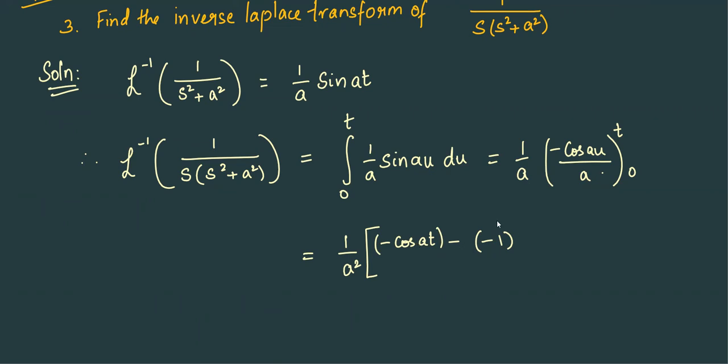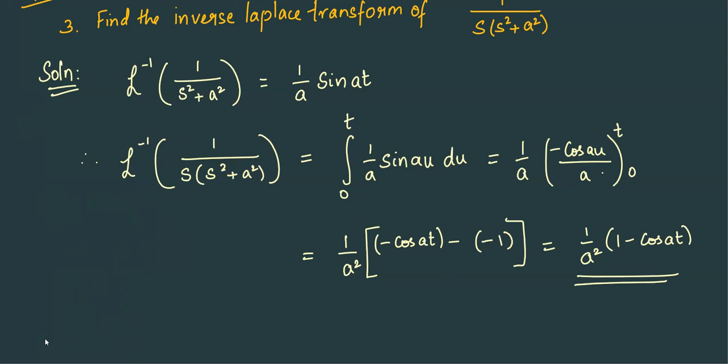Upper limit minus the lower limit. Lower limit for minus cos au becomes minus cos 0, that becomes minus 1. So we get 1 by a square into 1 minus cos at. So this is the inverse transform.